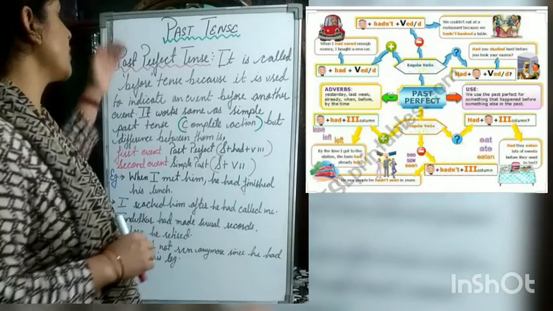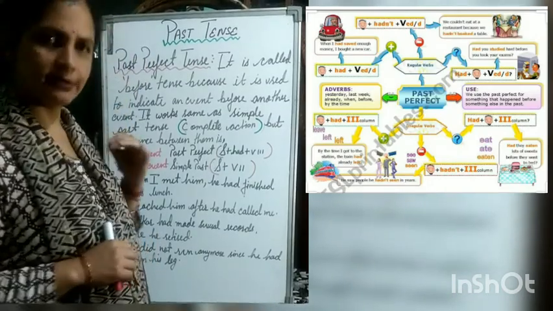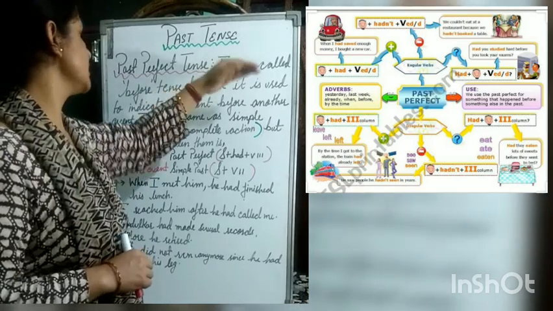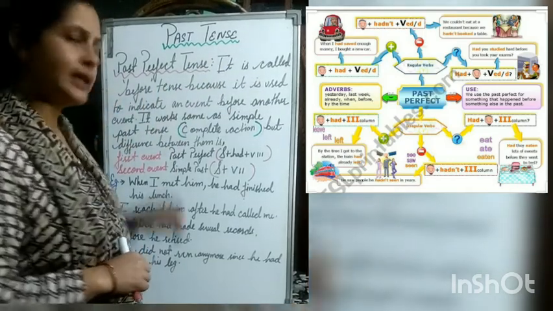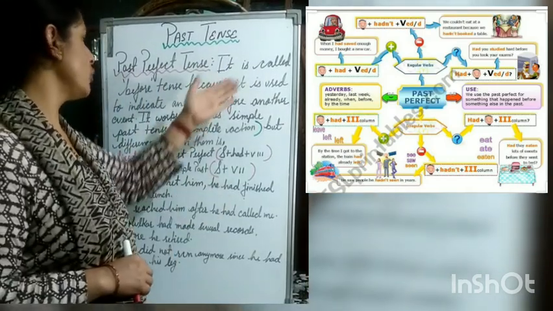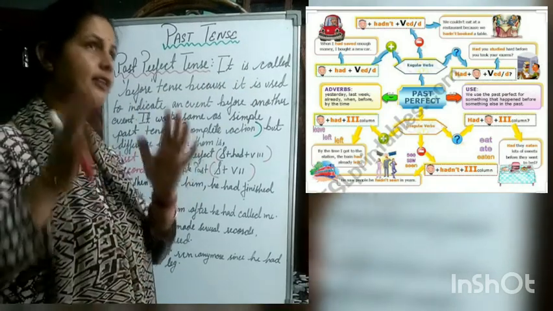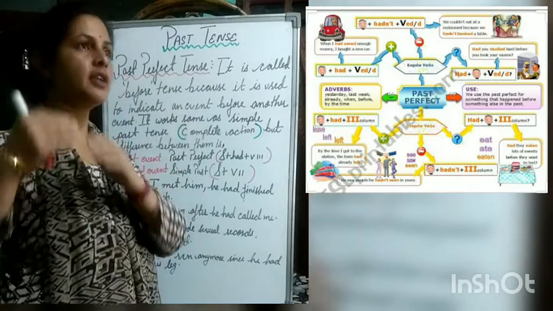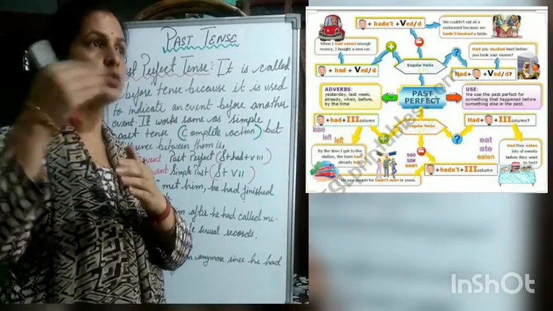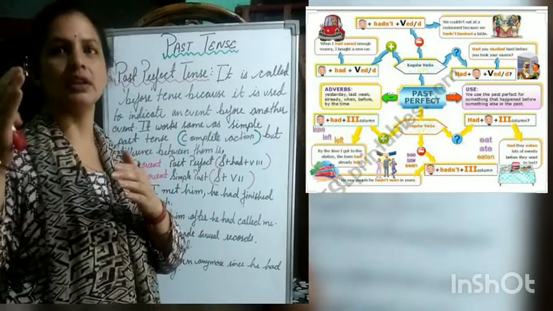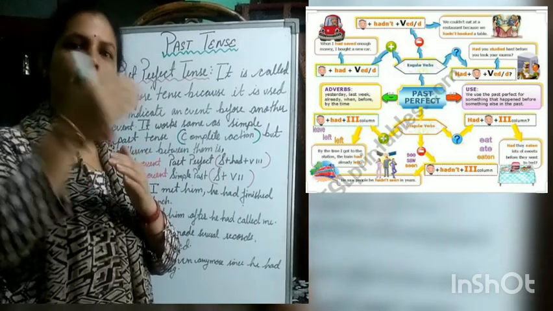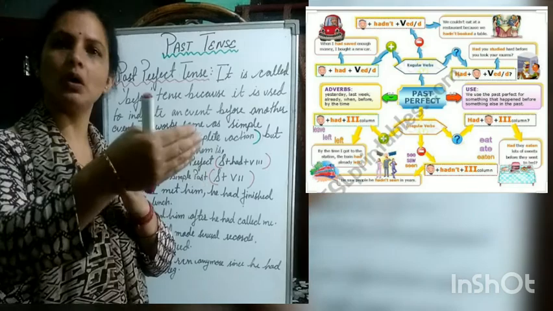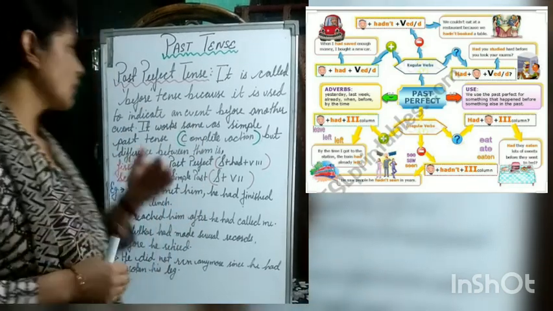Now we are going to discuss past perfect tense. It is called "before tense" because it is used to indicate an event before another event. Children, if in a sentence two events took place, the event which took place first, that we call past perfect tense, and after the first event, the second event which took place, that we call simple past tense.